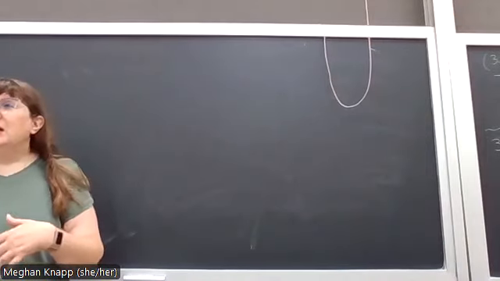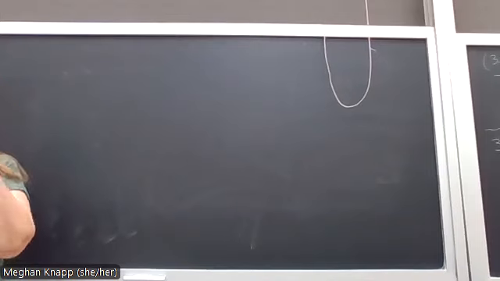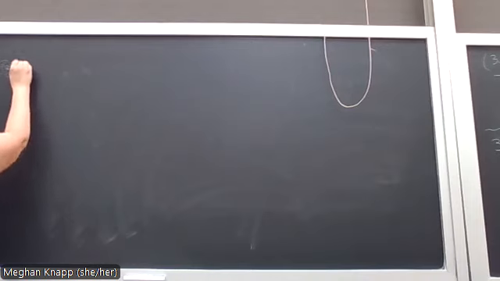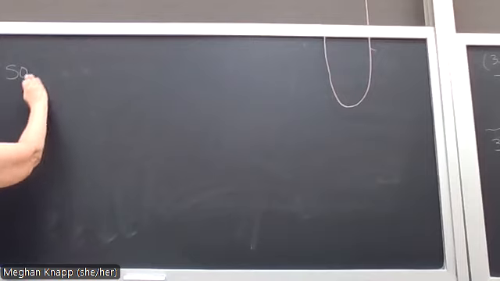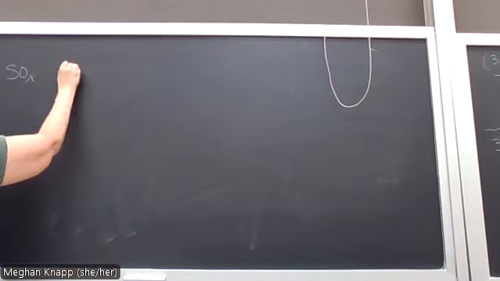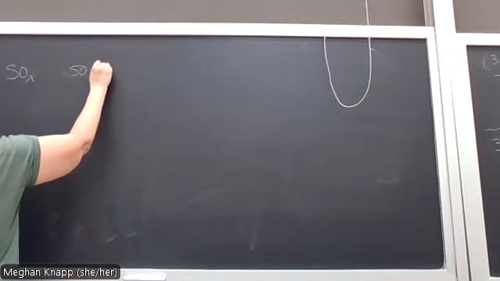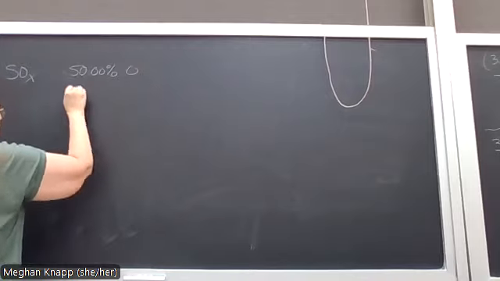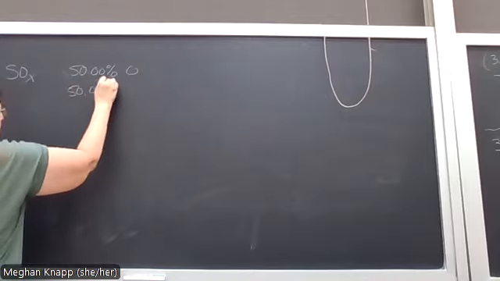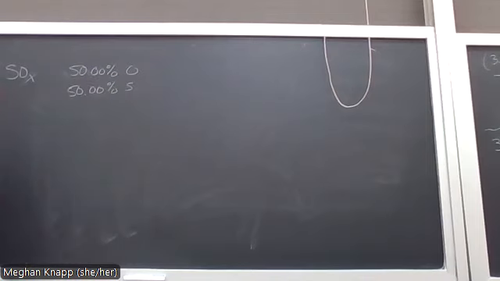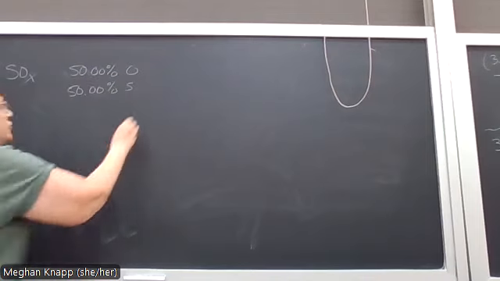And so we need to find moles of each component. So if I had, let me see, SO2, well, let me say I have SOX. And I know that this is 50% oxygen, so thus 50% sulfur. We know that we need to turn those to grams.